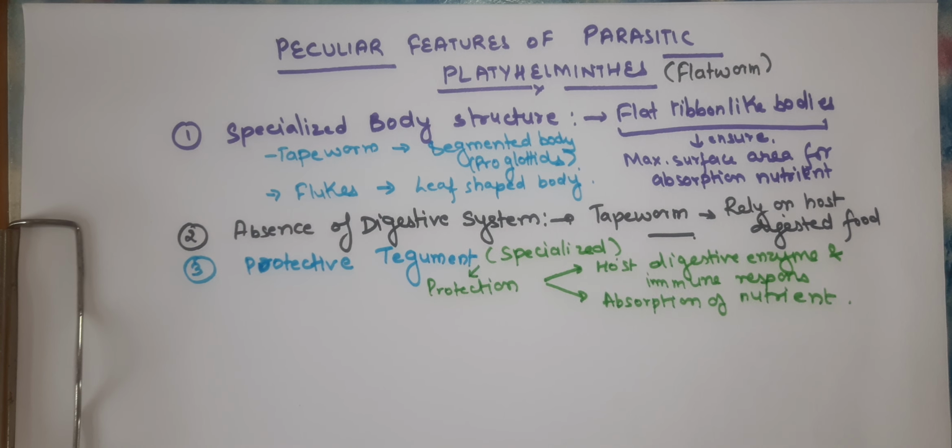So if we take the example of Schistosoma, that is a fluke, okay, they will have a tegument that is coated with microvilli. It will increase their nutrient uptake from the host bloodstream.